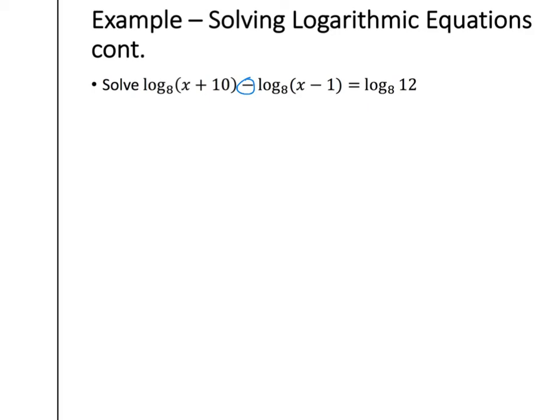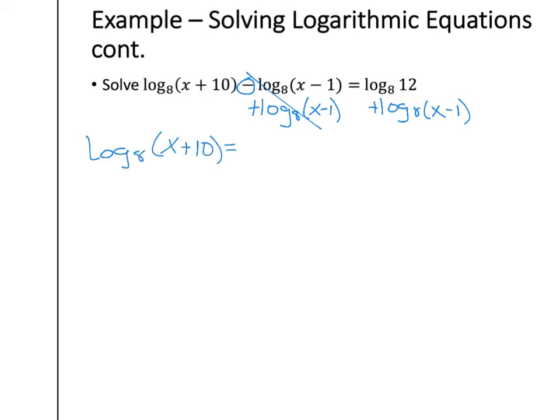So what I'm going to do is, since I have log base 8 on this right side as well, I'm going to add the thing that's being subtracted to both sides. So what that allows me to do, these cancel, I'm left with log 8 of x plus 10 equals log 8 of 12 plus log 8 of x minus 1.